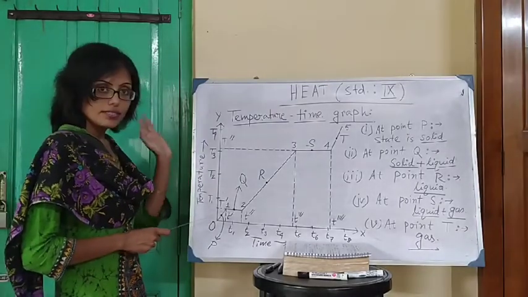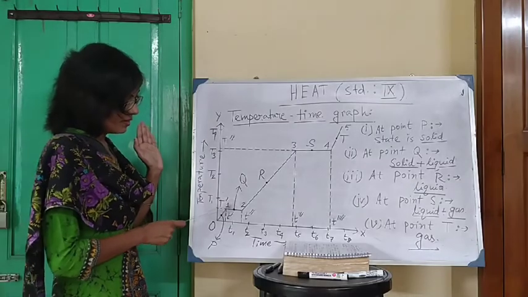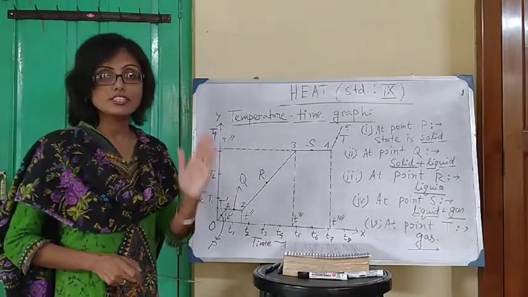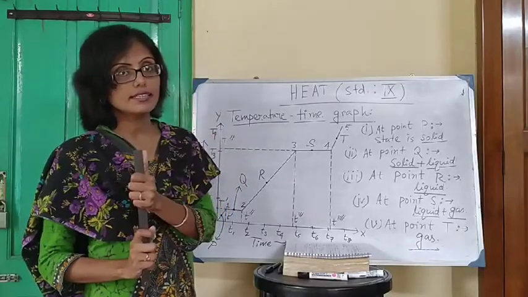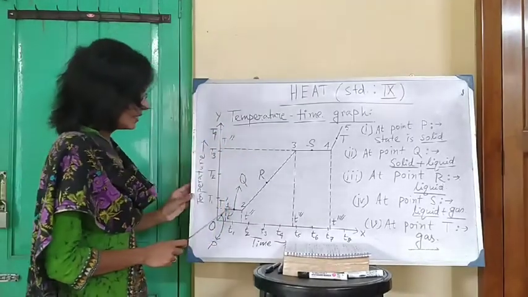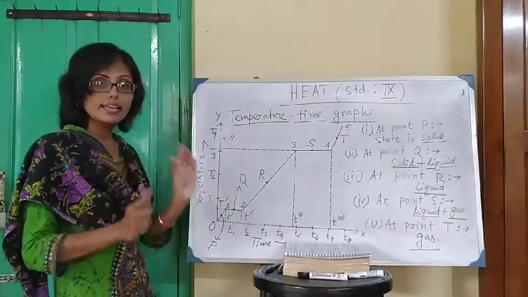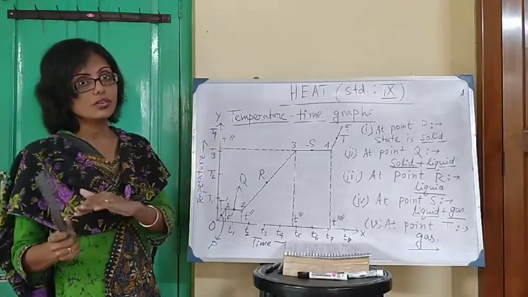When the solid reaches point 1, it starts melting, meaning fusion is started. Fusion means the change from solid to liquid. When fusion is started, the temperature remains constant until the entire solid turns into liquid.